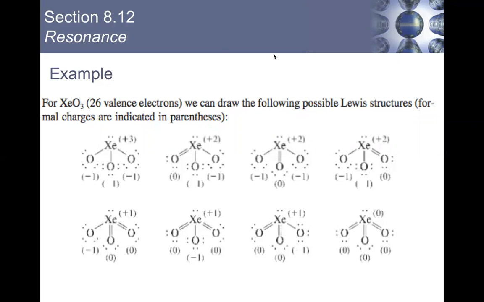If I said draw XeO3 with 26 valence electrons, these are all ways of getting 26 valence electrons. These are all different resonance structures.